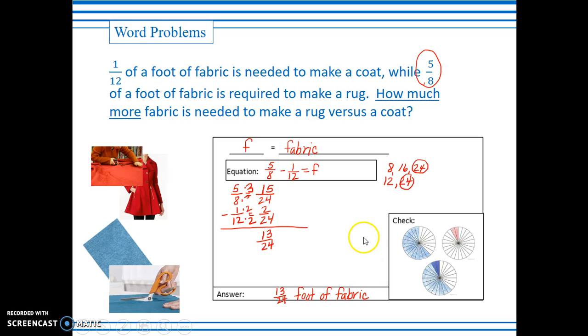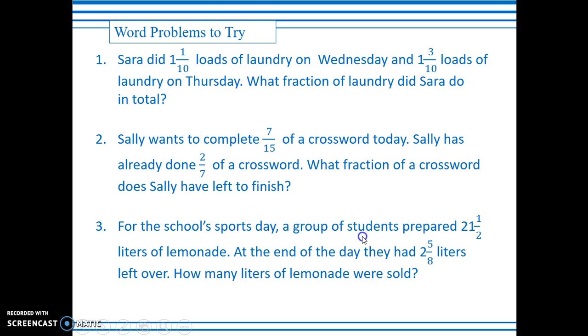Now let's have you try some. Sarah did 1 1/10 loads of laundry on Wednesday and 1 3/10 loads of laundry on Thursday. What fraction did Sarah do in total? So in total is my key word. Wonder what that means.